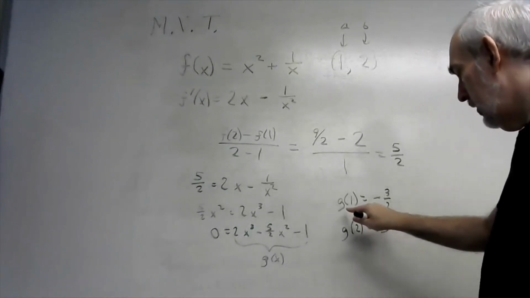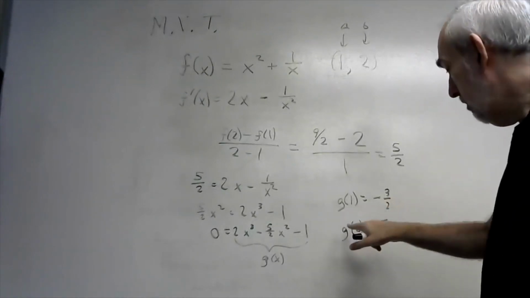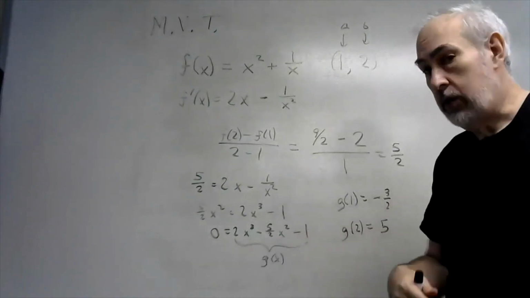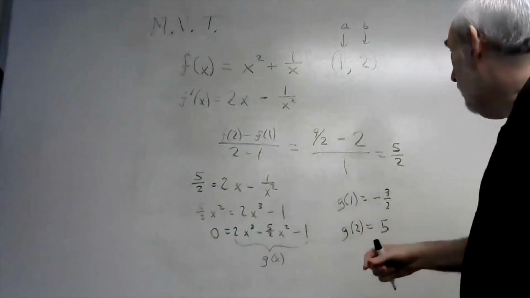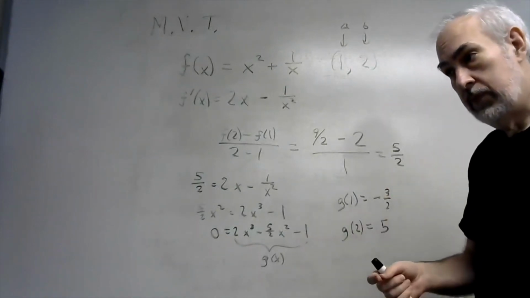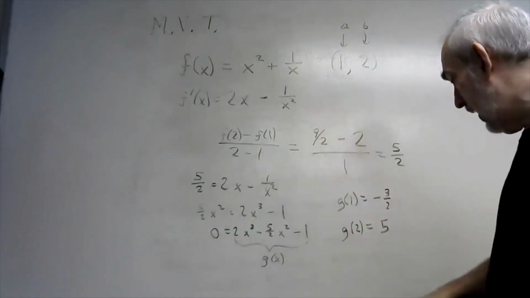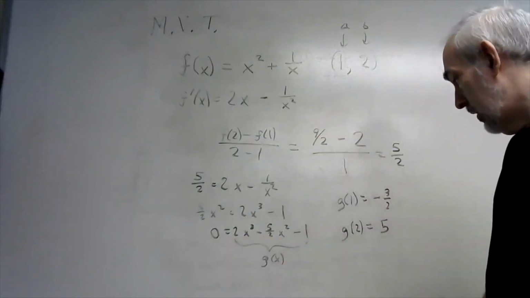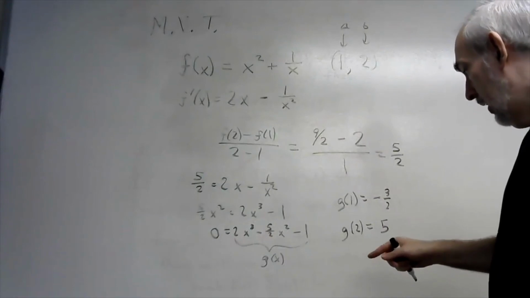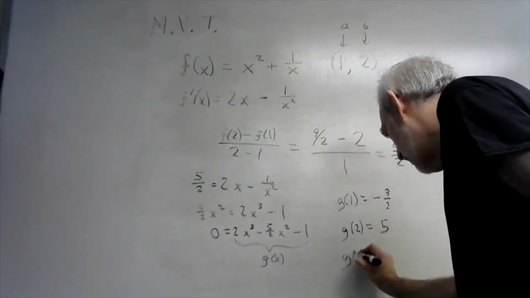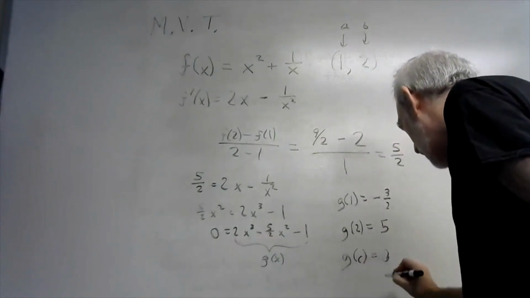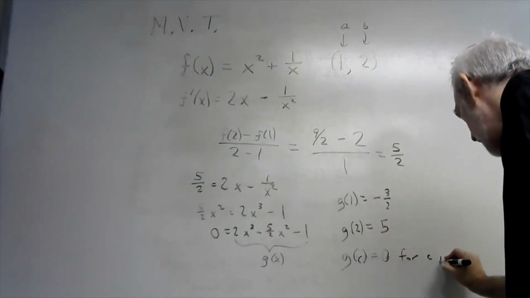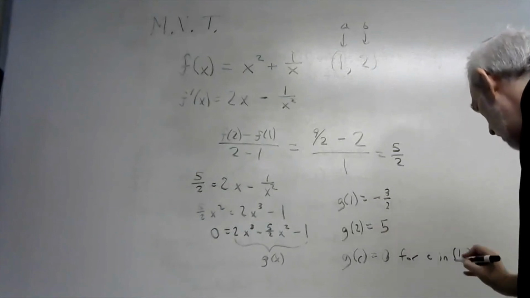So g of 1 is a negative number, but g of 2 is a positive number. This is a polynomial, which we know is continuous. And so by the intermediate value theorem, there must be a place where it crosses any number between here and here, such as 0. Therefore, there has to be a value c such that g of c equals 0 for some value between 1 and 2.